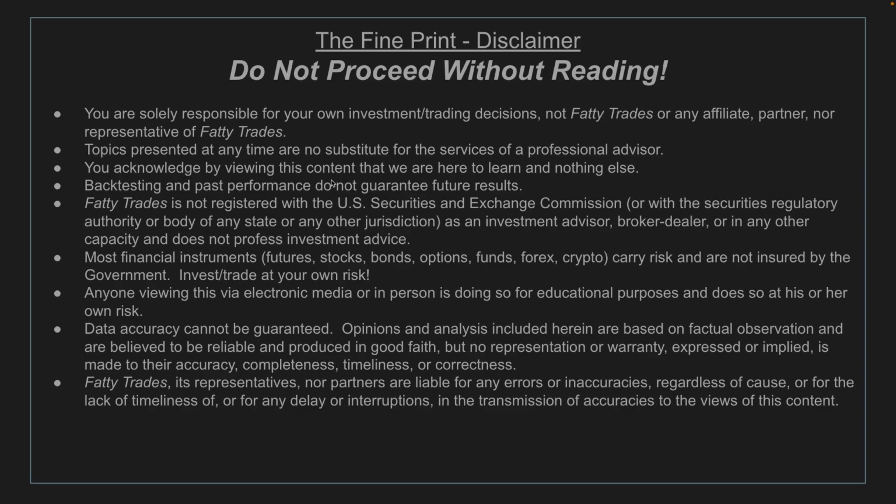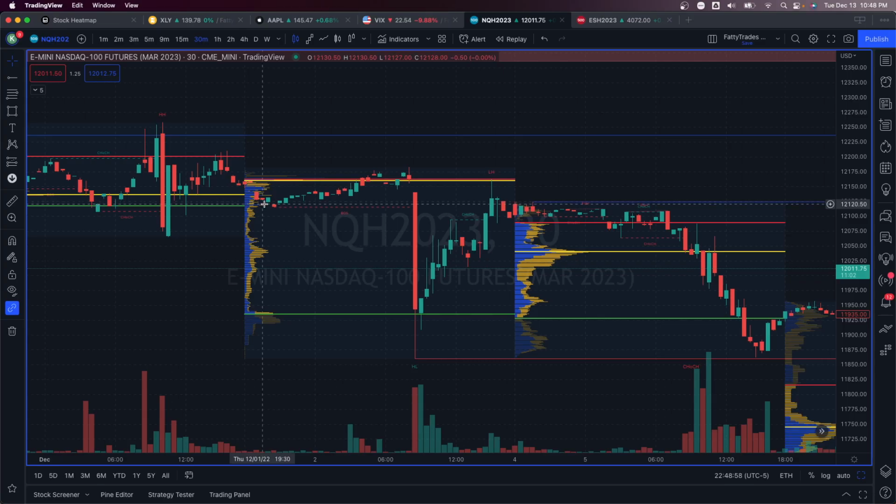With all that being said, let's get right into it. So I'm going to show here first on NQ the type of day I'm referring to. This is December 1st, 2022, followed by December 2nd, 2022. And you can see we have this massive sell-off in both these cases. December 2nd is actually a very good example of this because this was a PCE data release with a massive sell-off.